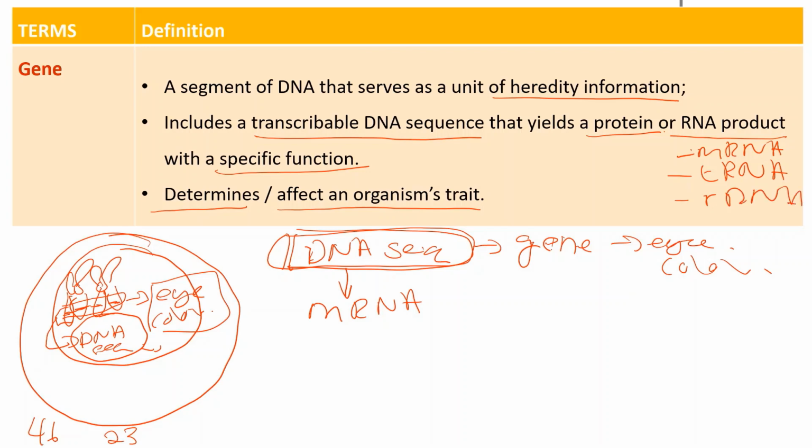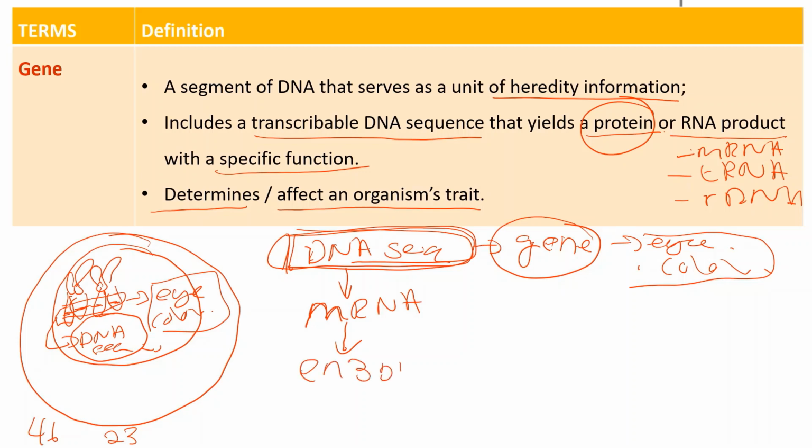So in order for eye color to be expressed, the DNA sequence, which is the gene, will be used to produce mRNA during transcription, and then the mRNA is used to synthesize proteins, for example enzymes or hormones. The production of this protein will be used to express certain traits, such as eye color.